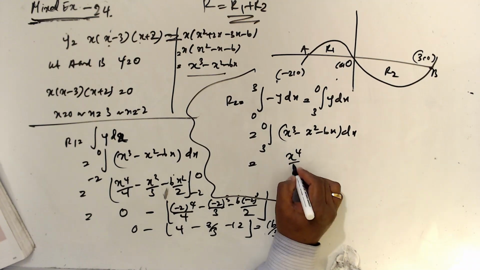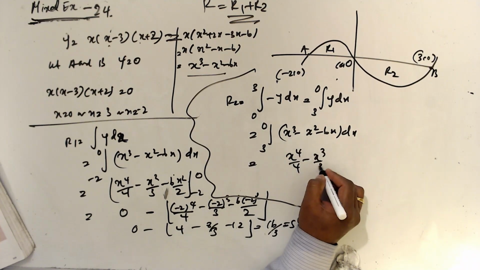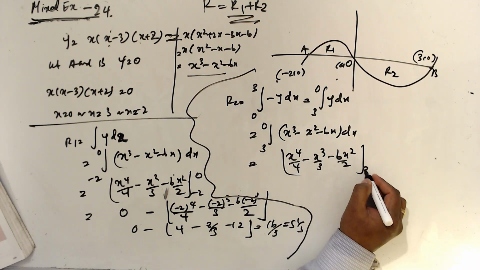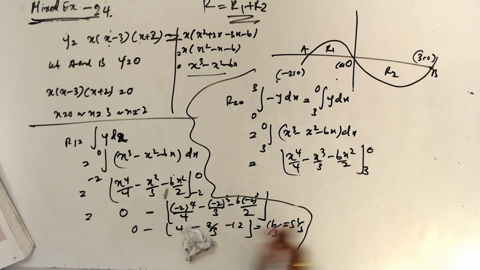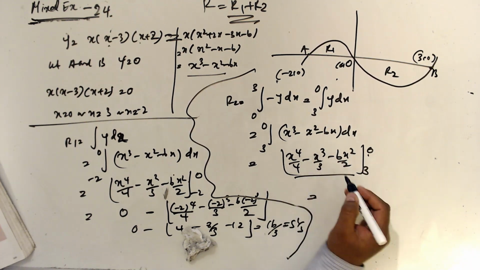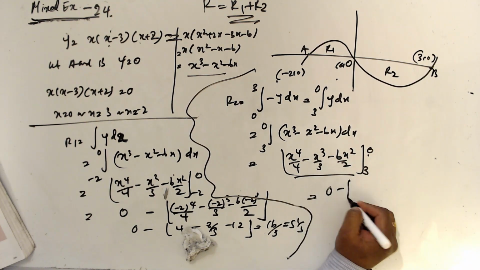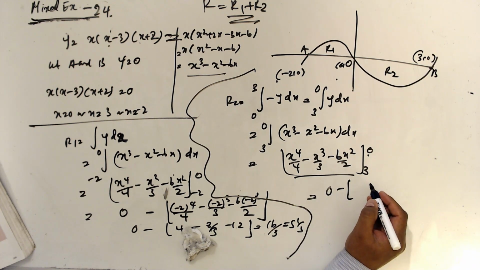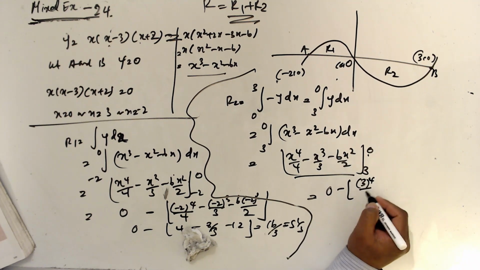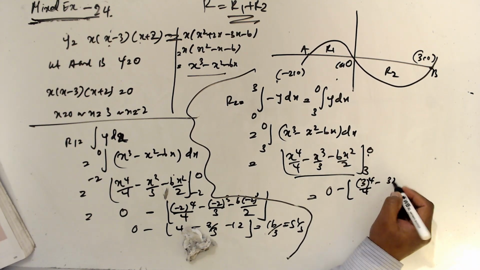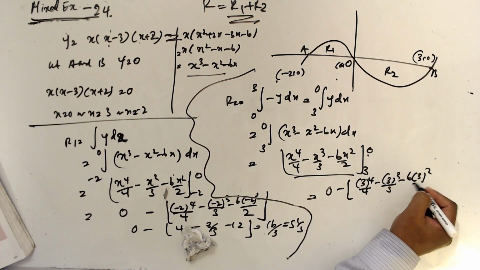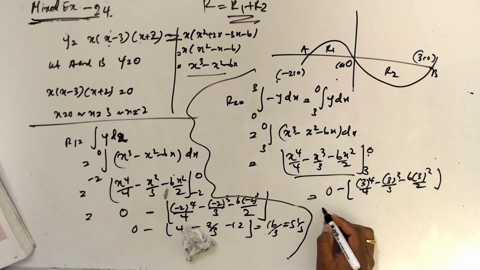So x to the 4 over 4, x cubed over 3, 6x square over 2, from 3 to 0. So this is going to be, this all zeros, minus 3 to the 4 over 4, 3 cube over 3 minus 6 times 3 square over 2.